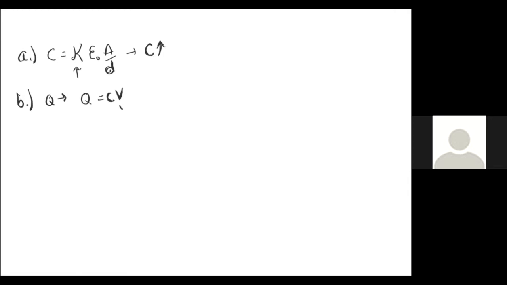Now, this potential is fixed by the battery. It's fixed by the potential of the battery itself. So this quantity doesn't change here, as long as we're keeping the same battery. Now, since the capacitance increased, that means that the charge that we can store on the plate had to also increase. And I guess in answering this question, we actually answered C too.